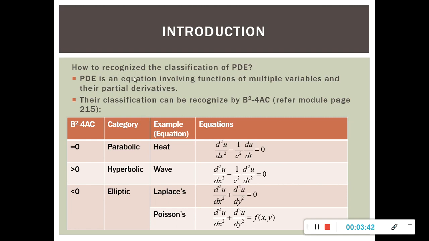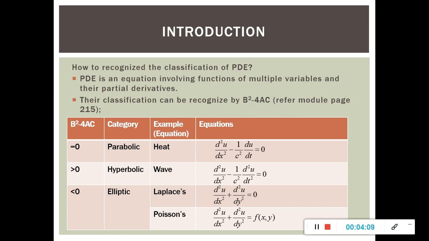How do we recognize the classification of a partial differential equation? A PDE is an equation involving a function of multiple variables and their partial derivatives. Their classification can be recognized by b squared minus 4ac. You can refer to the module on page 215 for what b, a, c, and so on are.